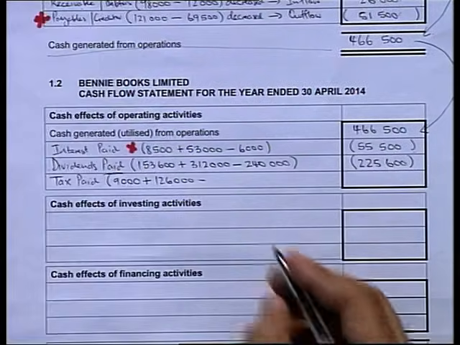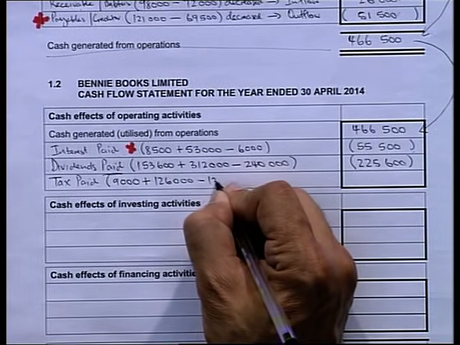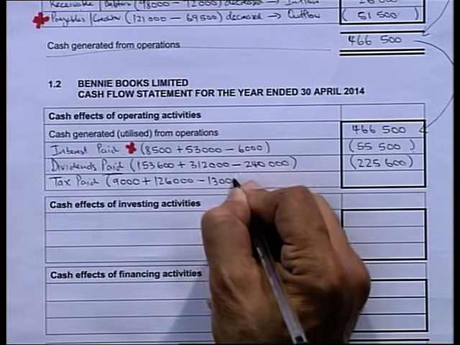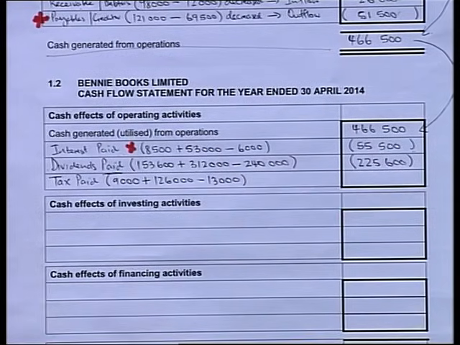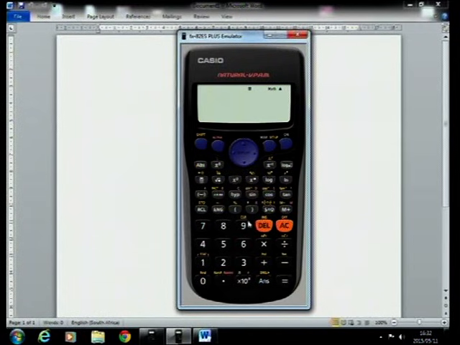So we have to minus the 13,000. And then we close the bracket. So again, just quick to the calculator. So it's 9,000 plus 126 minus 13. Gives me a figure of 122,000.